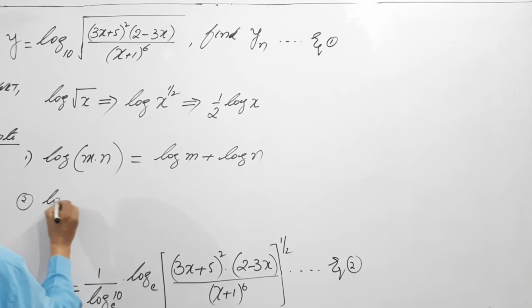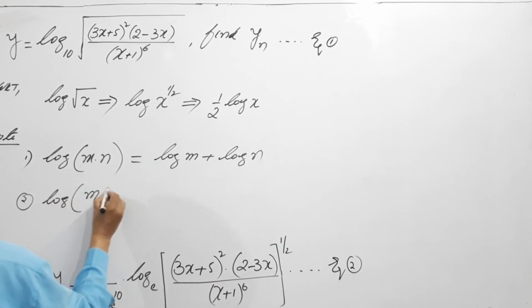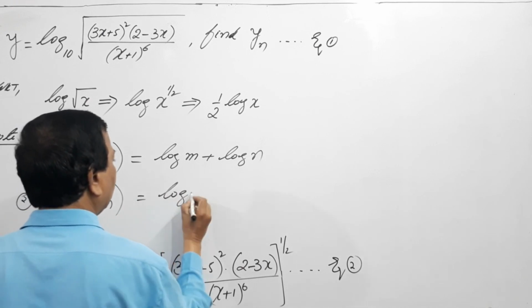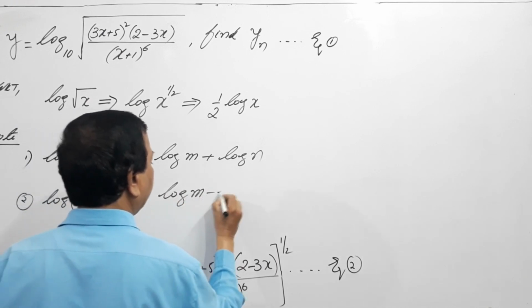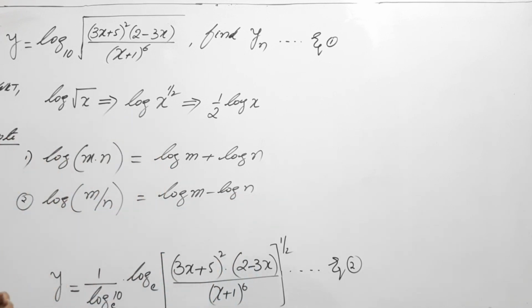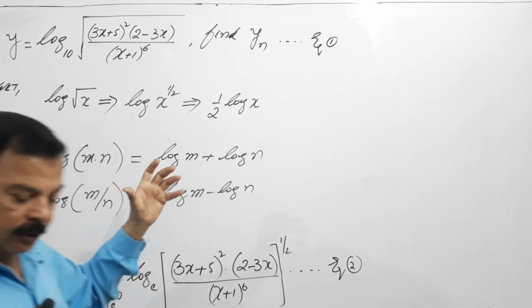Two: log of m divided by n is log m minus log n. These are properties of logarithm which you have not learnt.